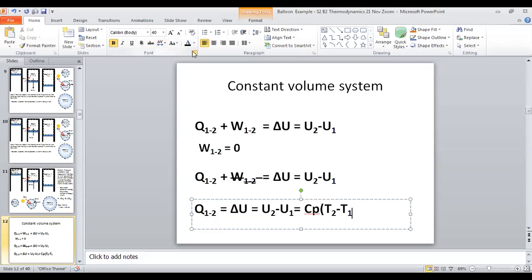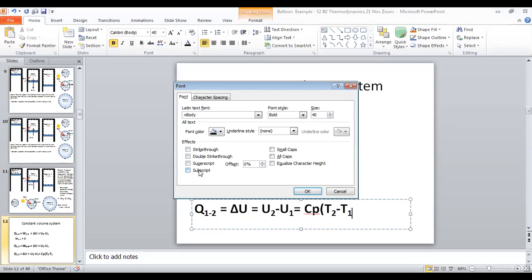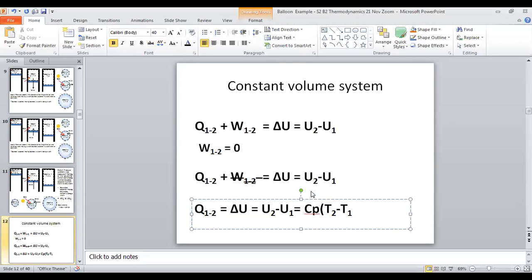So this right away, Cp delta T we call this. Cp times delta T.